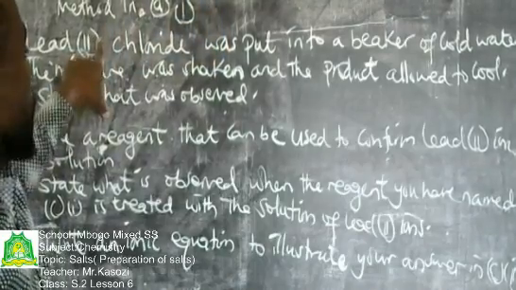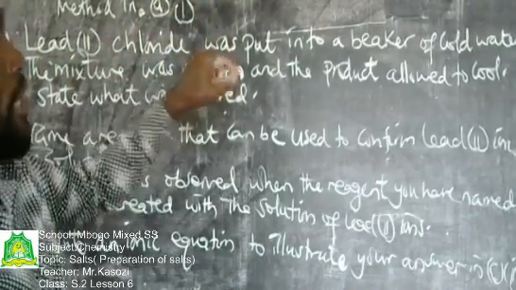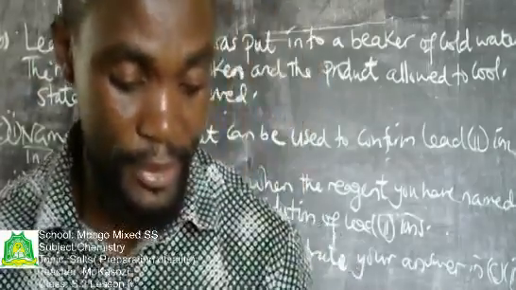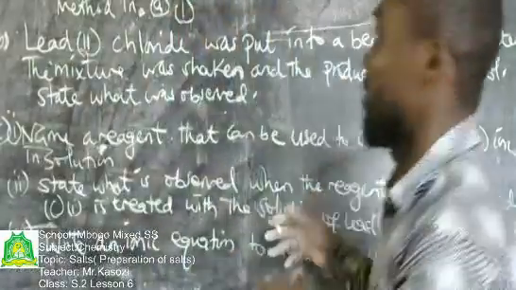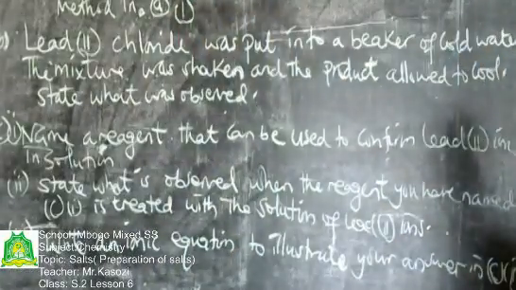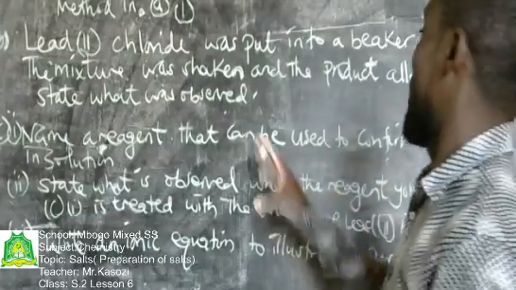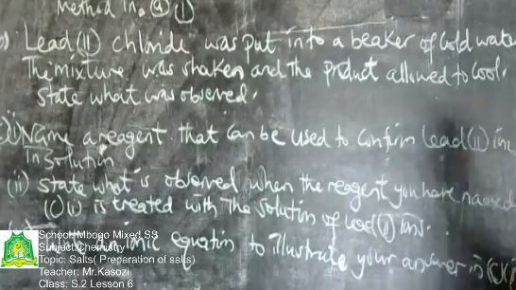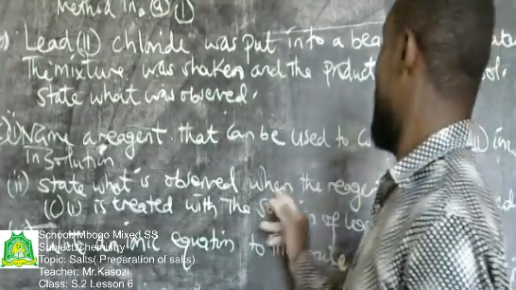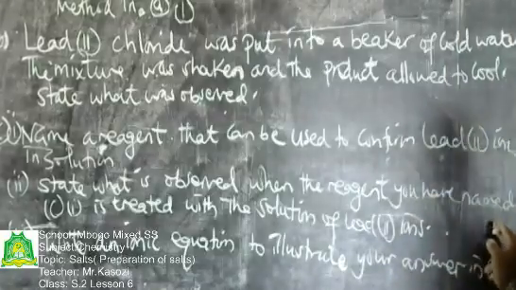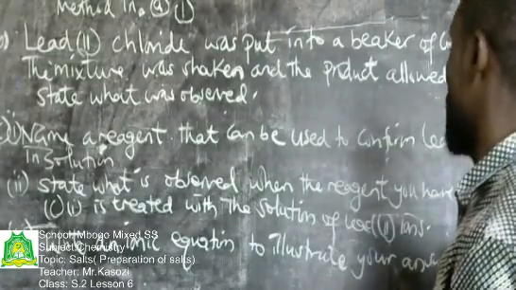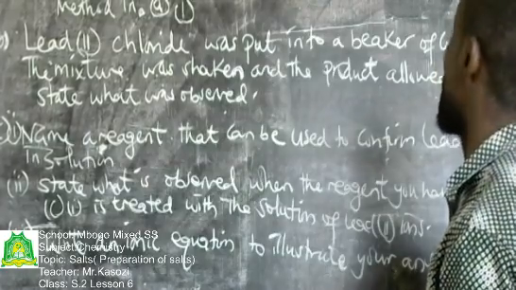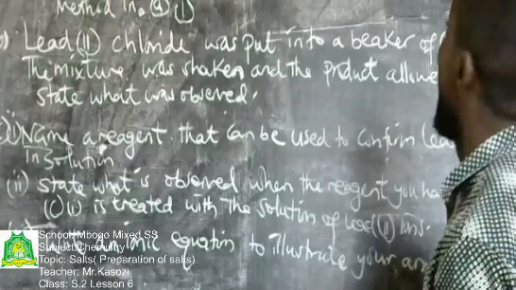Then if we dissolve it in water and we heat, what do we observe when the mixture is allowed to stand? Then name a reagent that can be used to confirm Ld2 ions in solution. What is observed when the reagent you have named in C1 is treated with the solution of Ld2 ions? Write an equation to illustrate your answer.